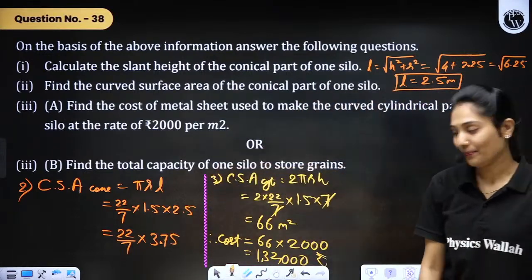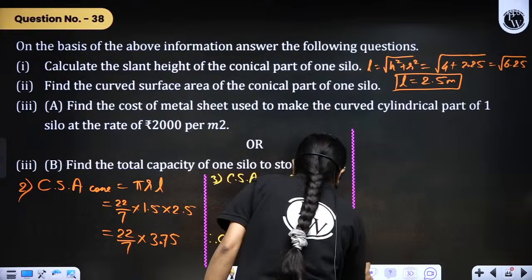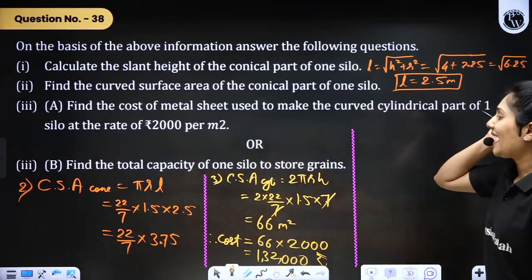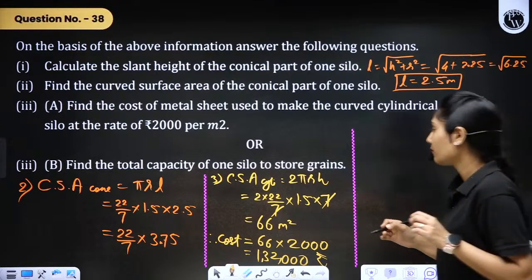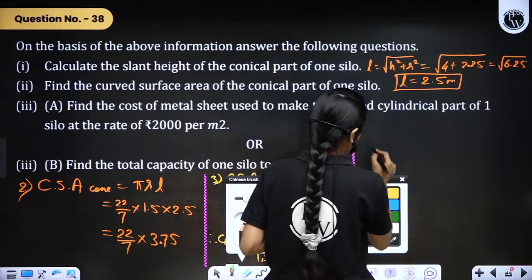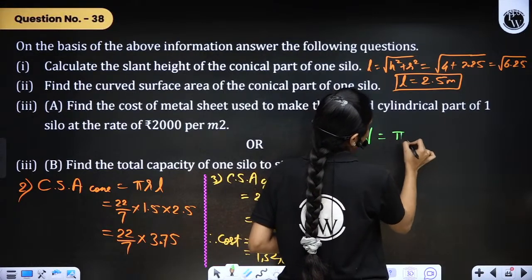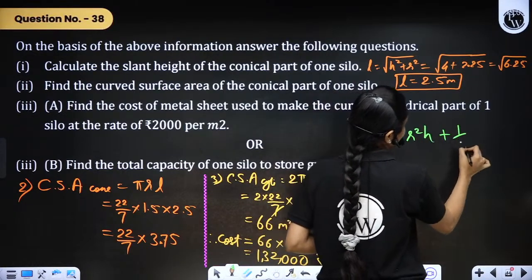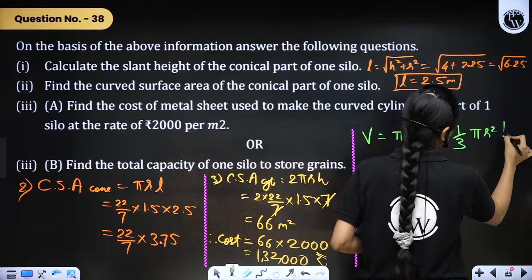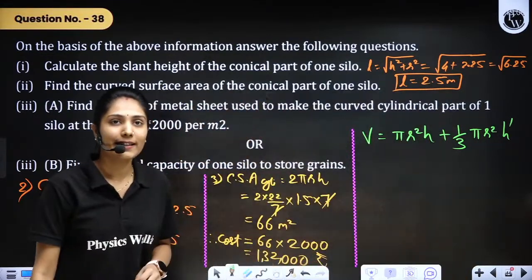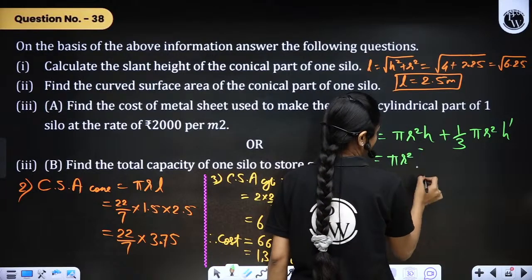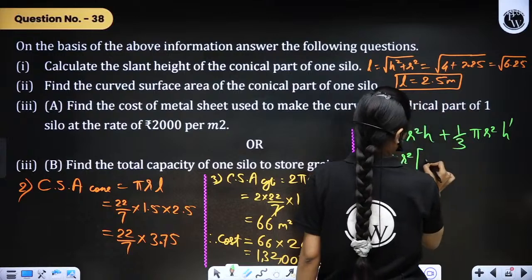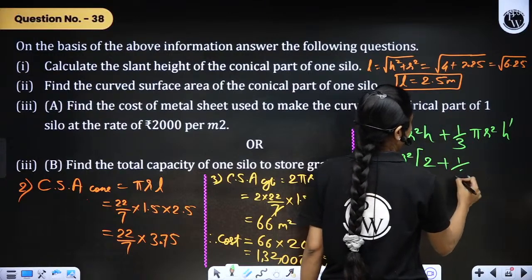Now the last one. We have to find the total capacity of the silo to store the grain. Total capacity means volume. Total volume will be pi r square h plus 1 by 3 pi r square h. Let's substitute the values. We can take pi r square common.